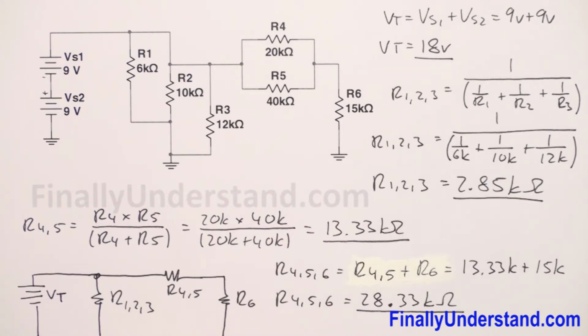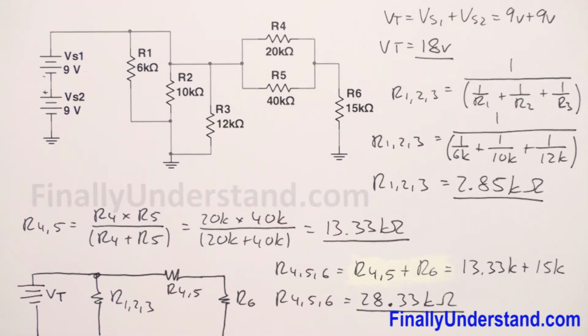Okay, this is my resistor R1,2,3, and this is my resistor R4,5,6. Now we can see that these two resistors are in parallel, so I can find the total resistance using the product over the sum.